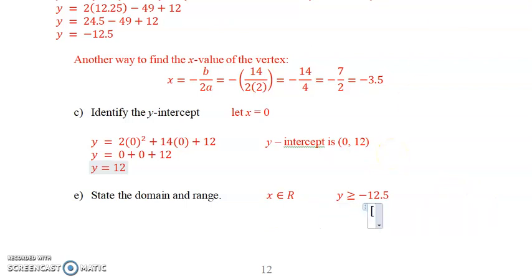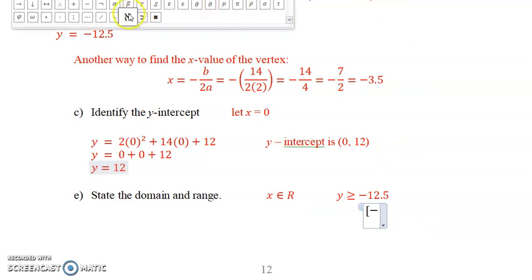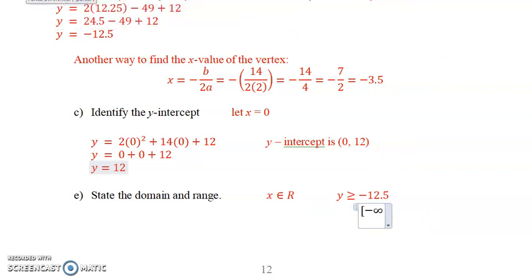So we have round bracket, negative infinity, comma. You can never have square bracket with infinity because it can't be included, right? So we can use that for the domain.